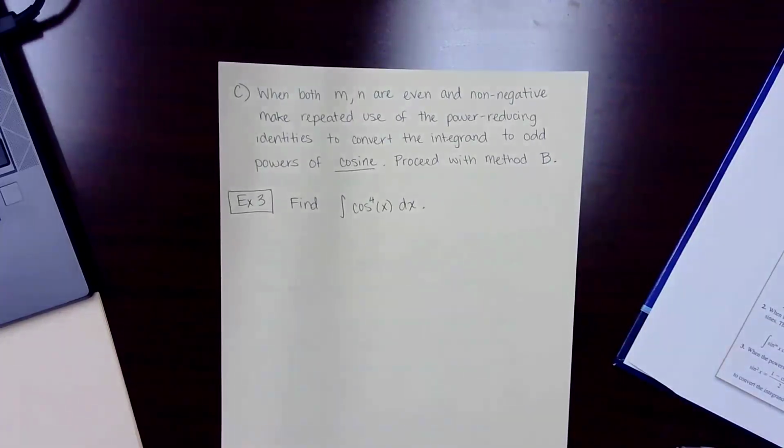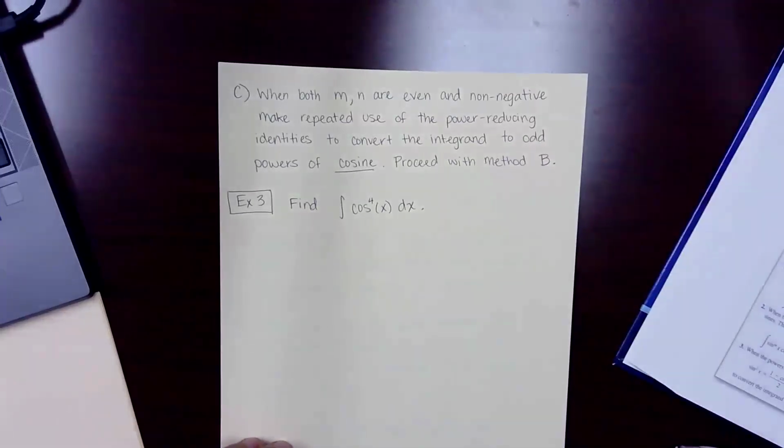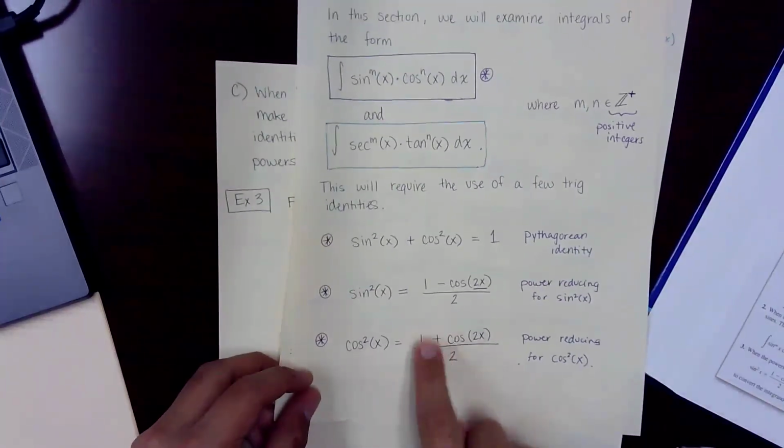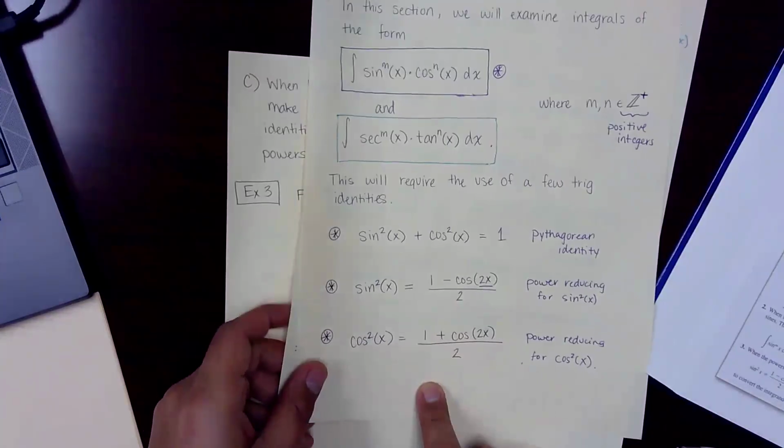So the last guideline that they give us for this type of integral, where we're dealing with sine and cosine powers, is that when both m and n are even non-negative powers, what we want to do is make repeated use of those power reducing formulas, those trig identities that were given here on the first page.